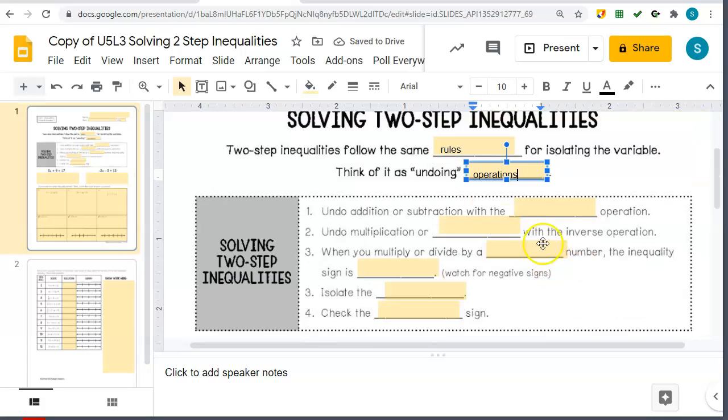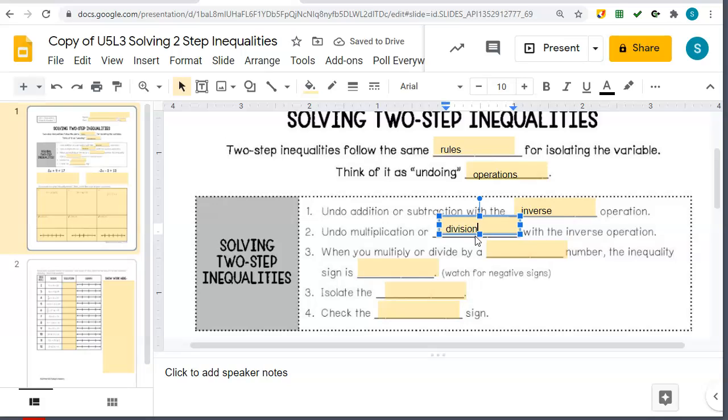Now, we can undo addition or subtraction by using the inverse. We can undo multiplication or division with its inverse.